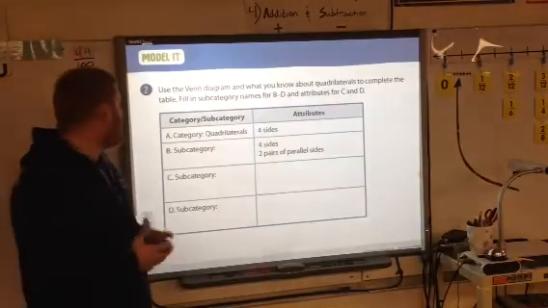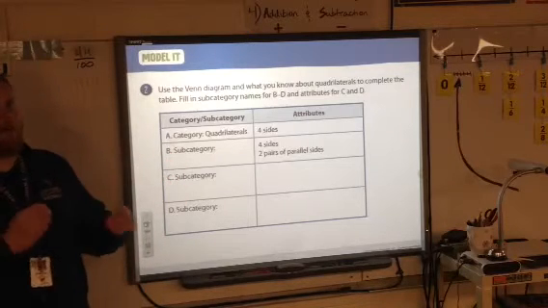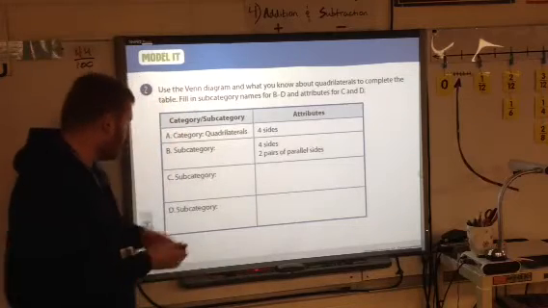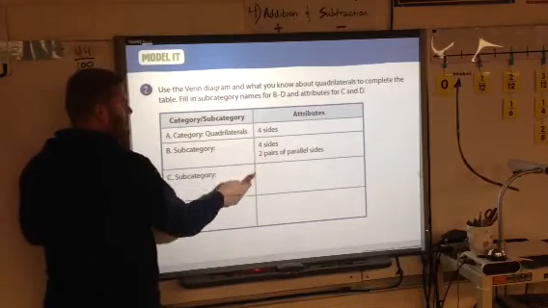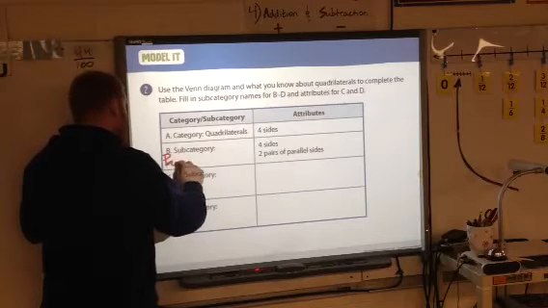We already knew that. Now, letter B. Our second most general would be a parallelogram, because it has 4 sides and 2 sets of parallel sides. So, parallelogram, if I can spell it.